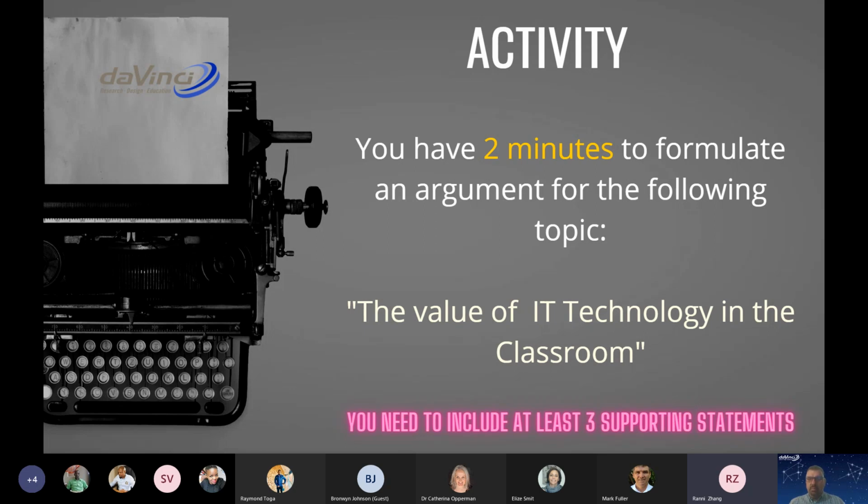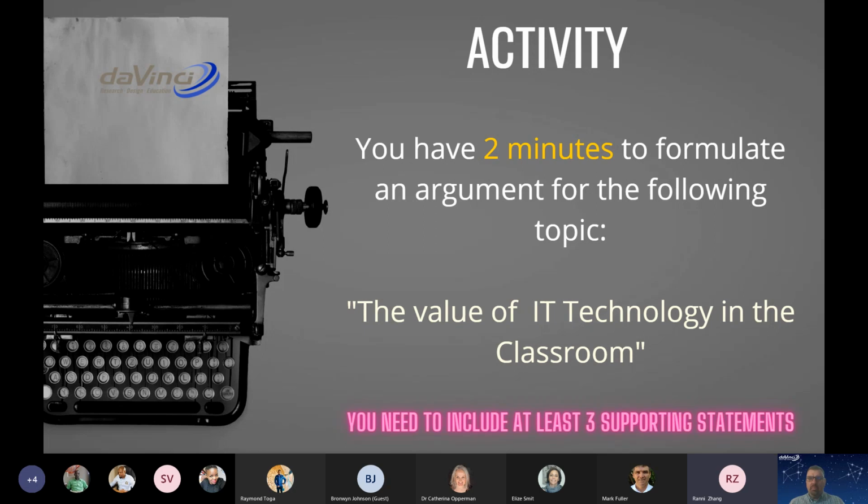Second, it also equips students with more tools to help themselves to learn. And the third reason was it improves student engagement in the learning process.